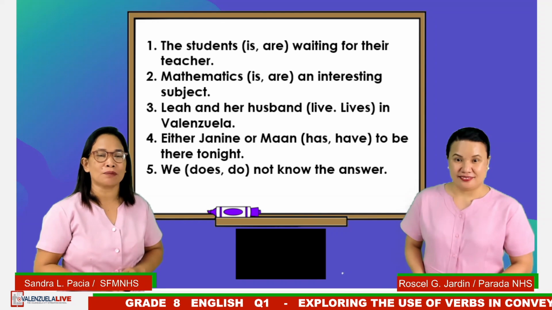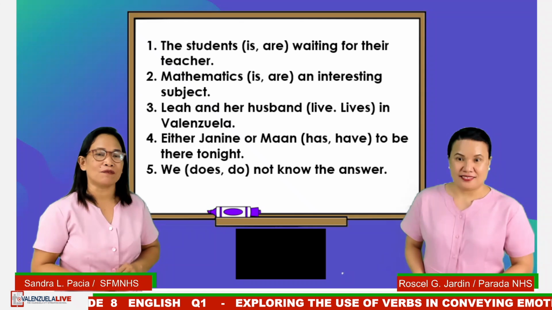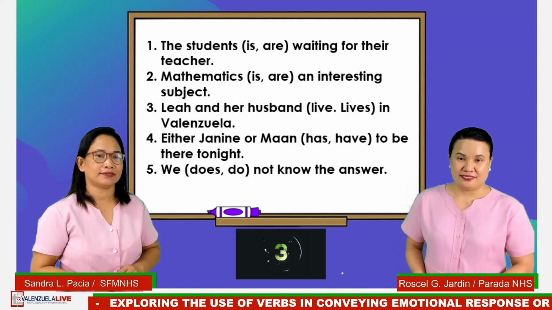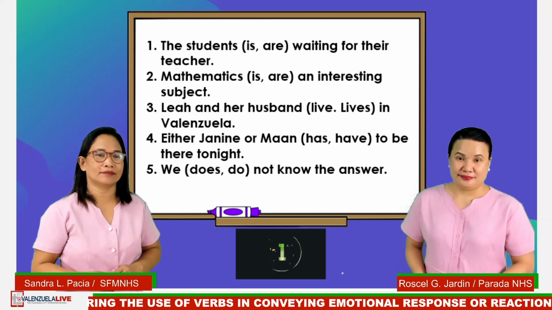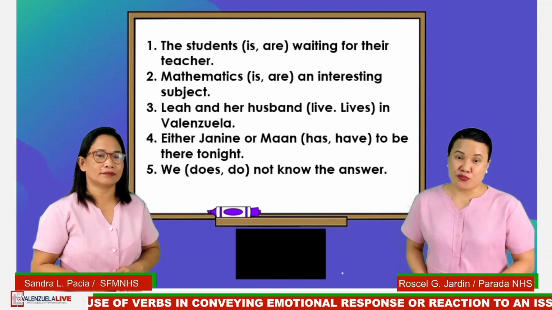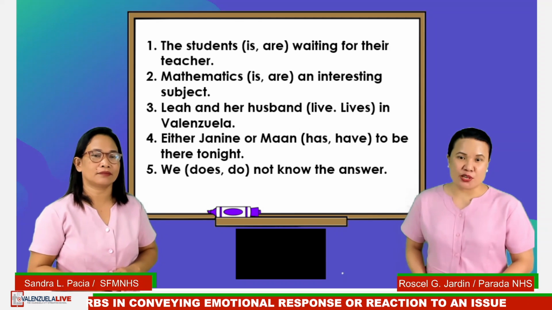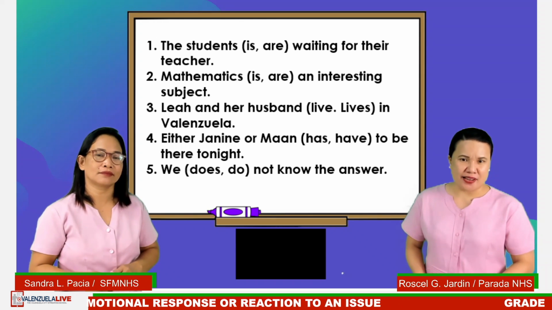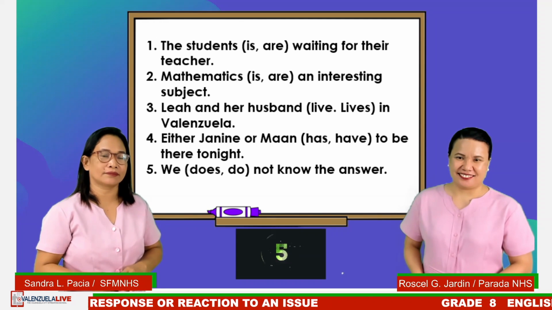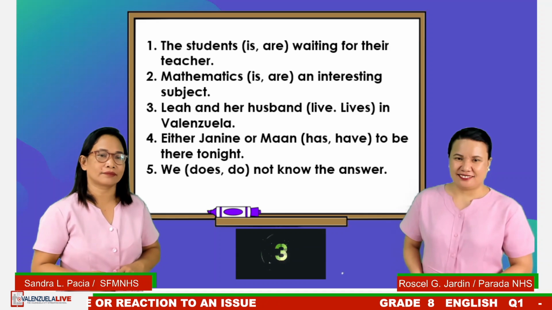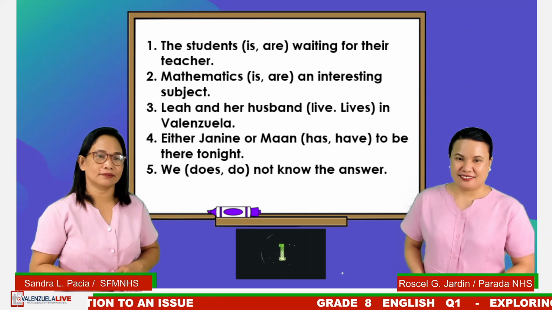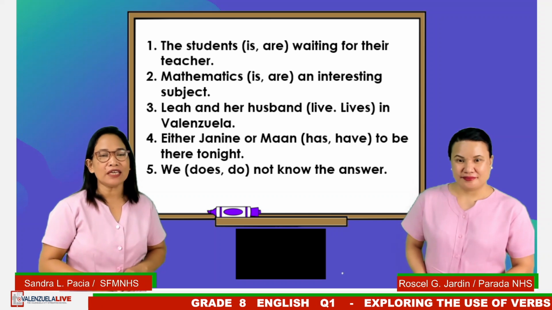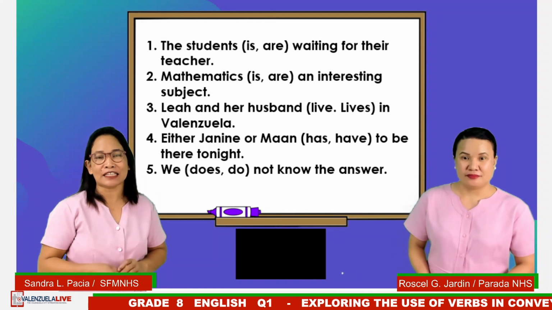Leah and her husband lives in Valenzuela. Number 4. Either Janine or Matt have to be there tonight. Number 5. We do not know the answer.